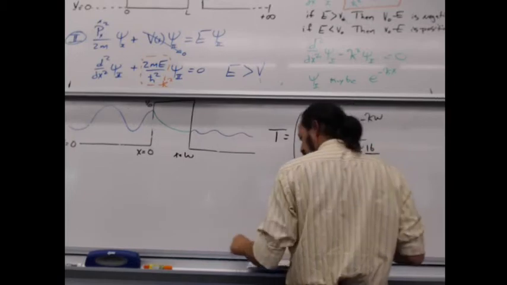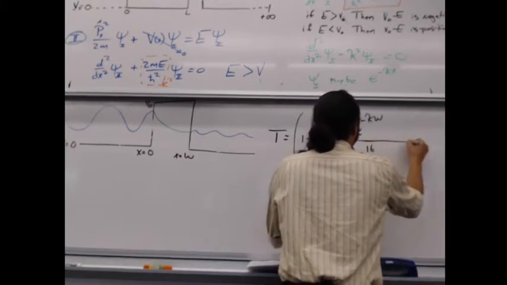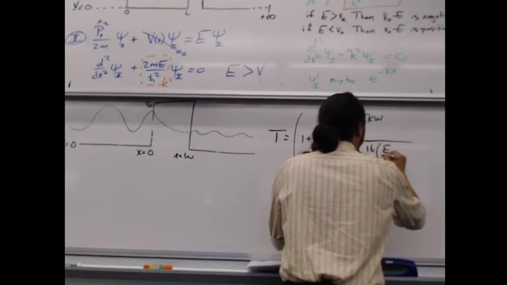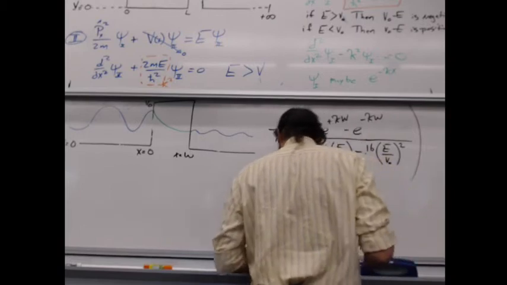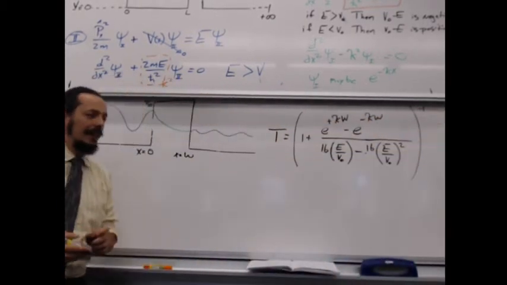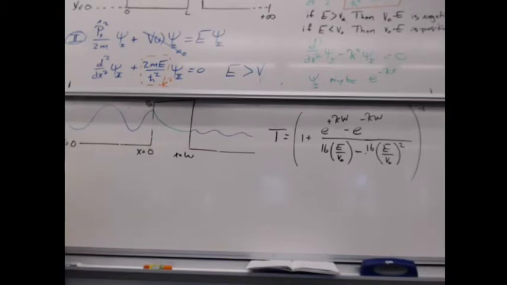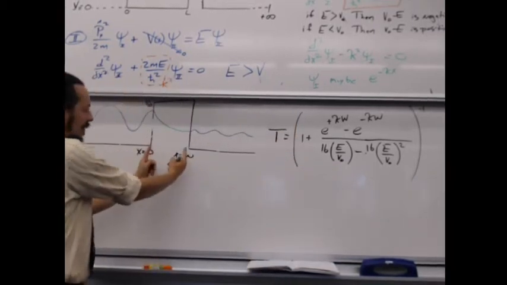I hate it when that happens. 16 E over V0 squared, all to the -1. So this all has to be underneath a fraction. I'll remind you that W is the width of this barrier.